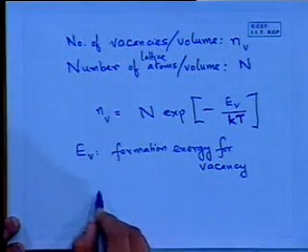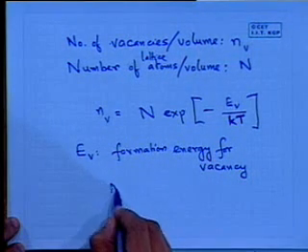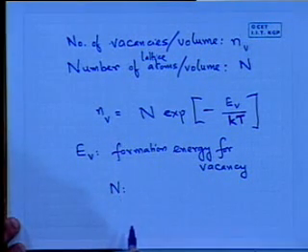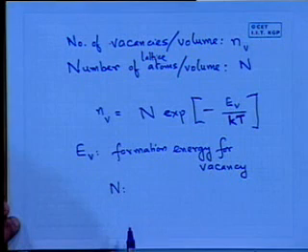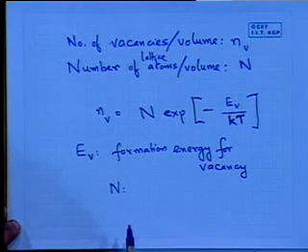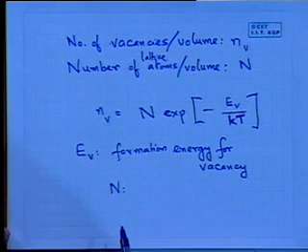To give you an idea, for example, N we should be able to calculate, the number of atoms in the lattice per unit volume. How would you do that? I know the number of atoms per unit cell. I know the lattice constant for the unit cell, from which I can calculate a volume for the unit cell.